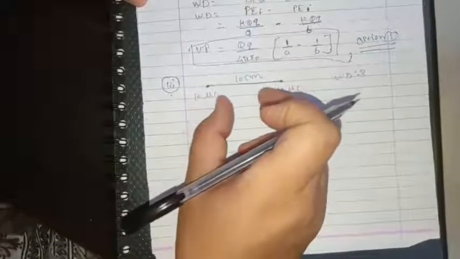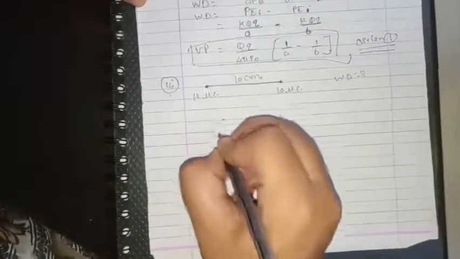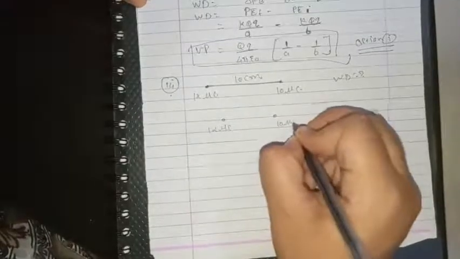They are moved 4 centimeter closer. So in the second case, the distance between them will be 6 centimeter. Here the work done can be written as change in potential energy. So work done is equal to final potential energy minus initial potential energy.